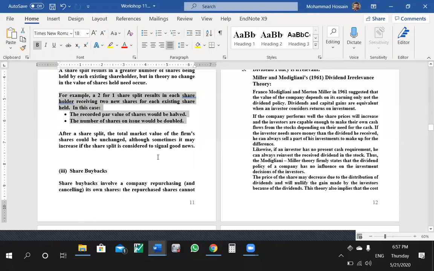After a share split, the total market value of the firm's shares could be unchanged, although sometimes it may increase if the share split is considered to signal good news. So since they're dividing the par values, as a result, the issued share value remains the same.